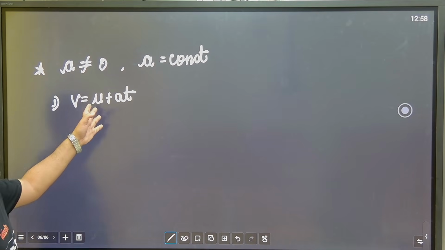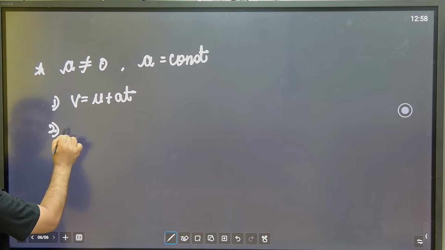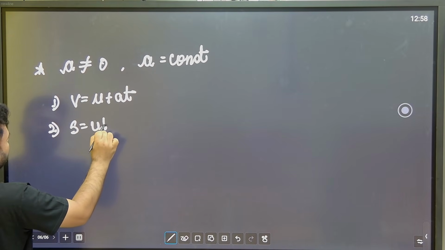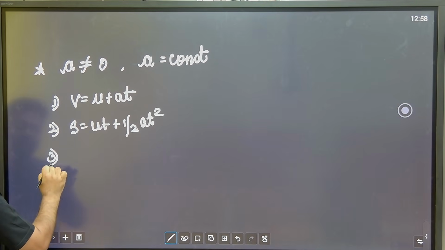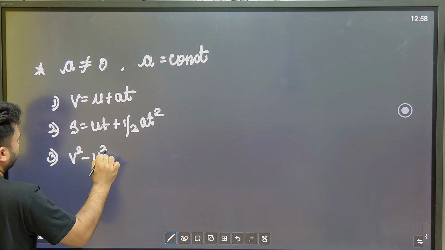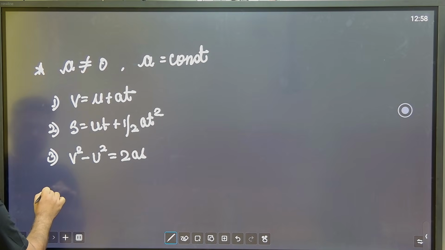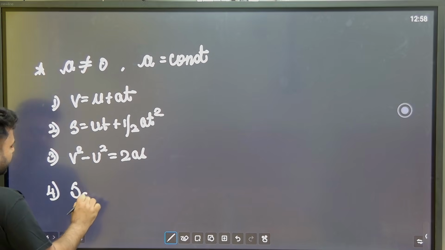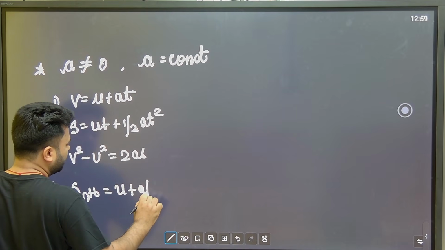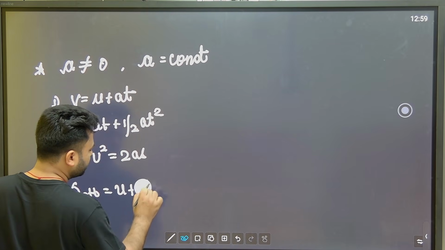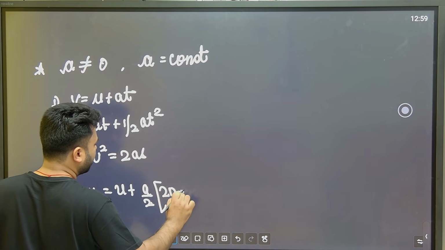Final velocity equals initial velocity plus acceleration into time. Second, s equals ut plus half at square. Third equation was v square minus u square equals 2as. And fourth one, s nth, distance covered in nth second, equals u plus a by 2 (2n minus 1).